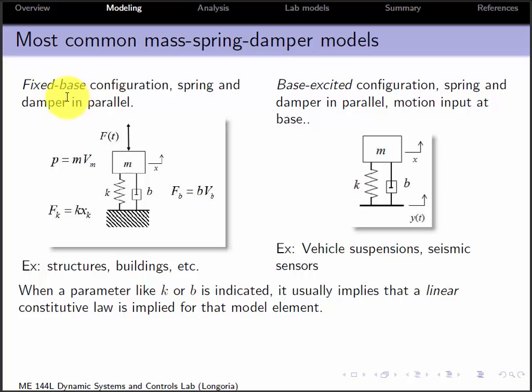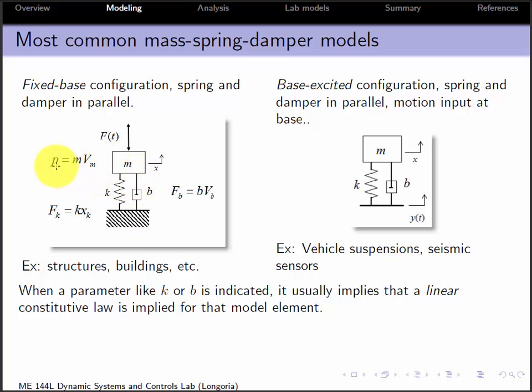One we can call a fixed base configuration, which is the most common one that you're probably used to seeing in different classes. You have a fixed base here, and note I'm showing the constitutive laws. For this spring, if we assume that it's linear, the stiffness K relates the force on the spring to the displacement of the spring, and a damping parameter, B, relates the force on the damper to the velocity of that damper, which is the relative motion of the two ends.